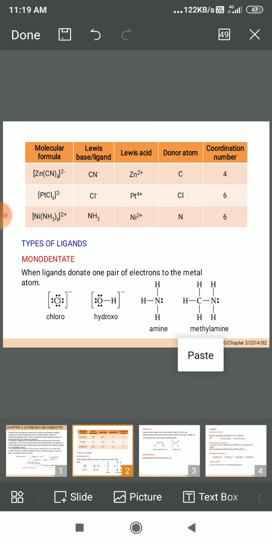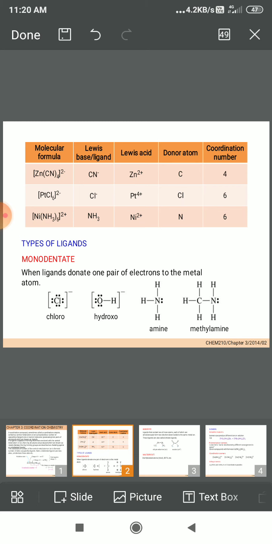Then second, hexachloroplatinate. The Lewis base or ligand is chlorine. The Lewis acid is Pt4+. The donor atom is chlorine and the total coordination number of this complex is 6 because there are 6 chlorines.